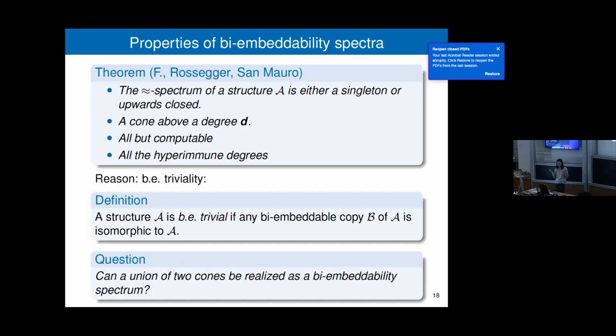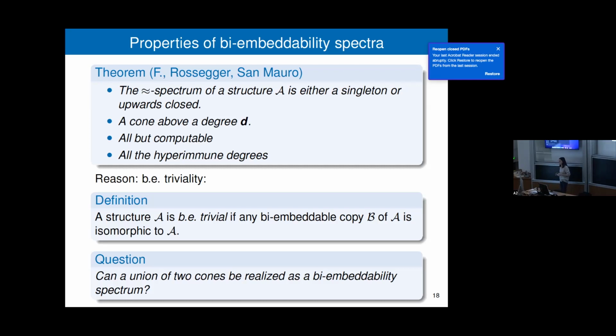So we do not really get more than isomorphism spectra when we look at bi-embeddability spectra of the same structure. So these results just transfer directly. We still do not know if the union of two cones can be realized as a bi-embeddability spectrum. And at the moment, I even have no preference for a yes or no answer.